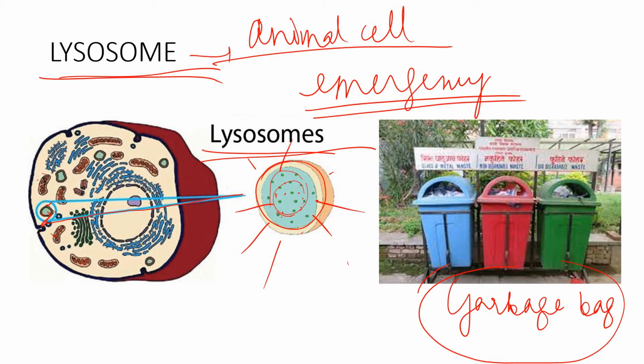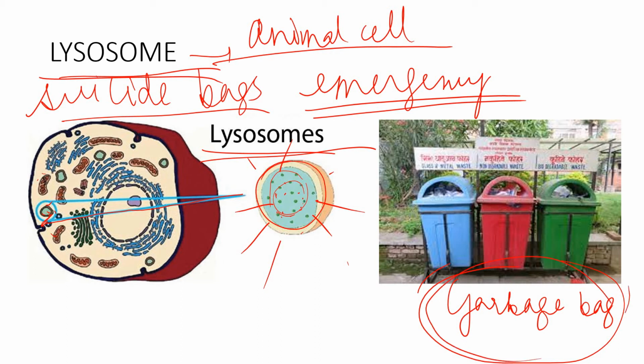So this lysosome also does the same activity and is called the suicide bag. They also carry garbage, sort of waste materials, so are also called garbage bags. You will study all this in detail in class 9. Now you are studying a very primitive thing, so remember all these things. They are called suicide bags because they burst themselves, they kill themselves.